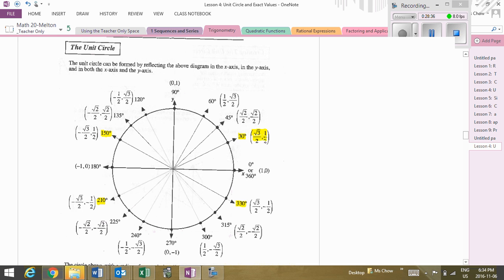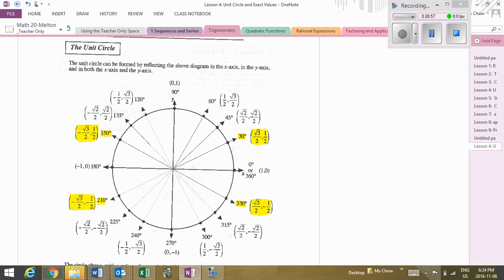If we take a look at the coordinates for these four angles that all share the same reference angle of 30 degrees, what do we notice about the x and y values, or the cosine and sine of those values? They're actually all the same, with the exception of some positives and negatives.